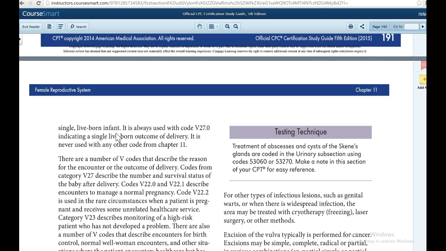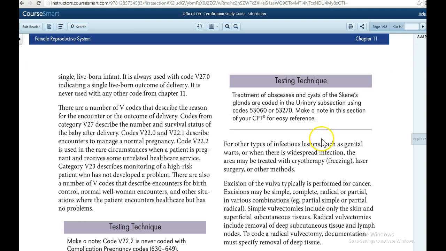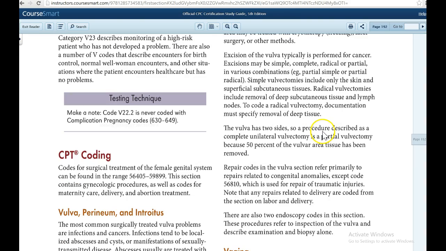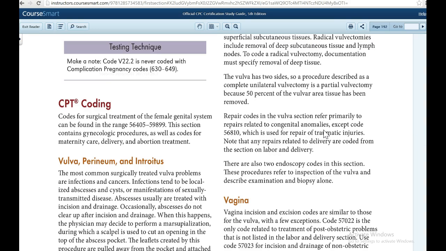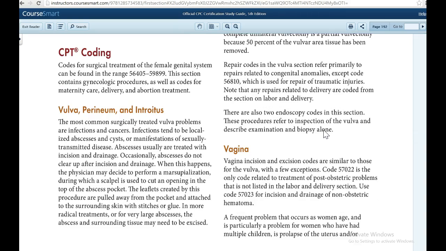But if there is something wrong with the baby, if there are multiple births, if you had one live born and one stillborn, you cannot code 650 with those codes. You can only code 650 with V27.0. Remember that, you all. We've gone over that before. And your CPT coding, make sure you go back over that as well.